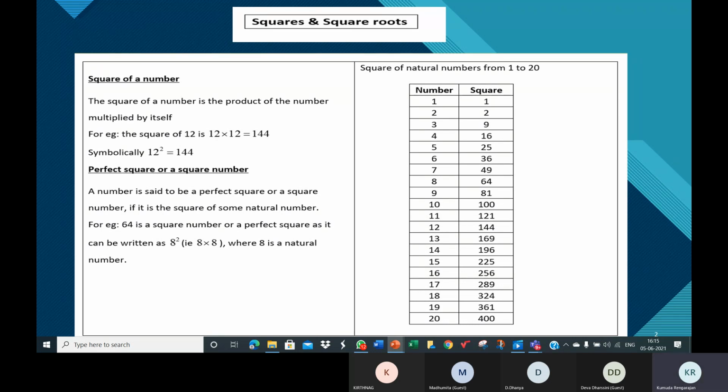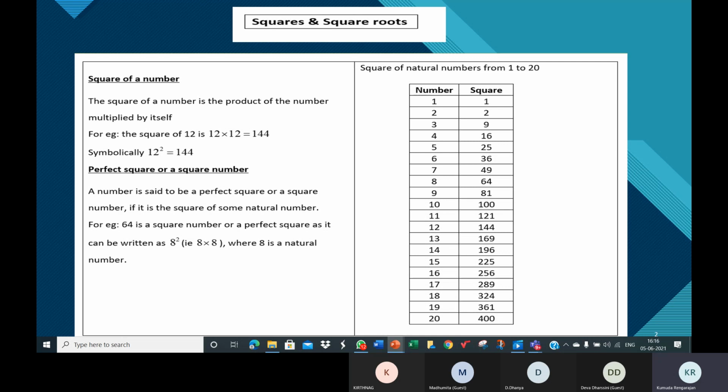So 2.4 into 2.4. Let's find 24 into 24, which is 576. Again, we have totally 2 decimal places, 1 plus 1, so the product should be 5.76. 2.4 into 2.4 will be 5.76.